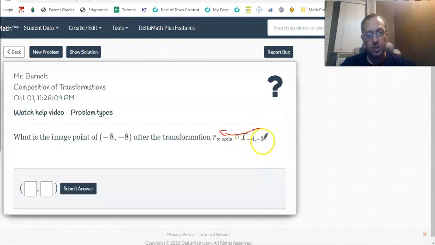My translation is just -4, -3. So -8 - 4 is -12, and -8 - 3 is -11. So it puts me there.